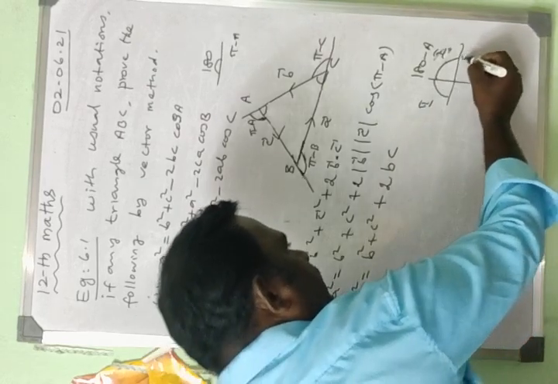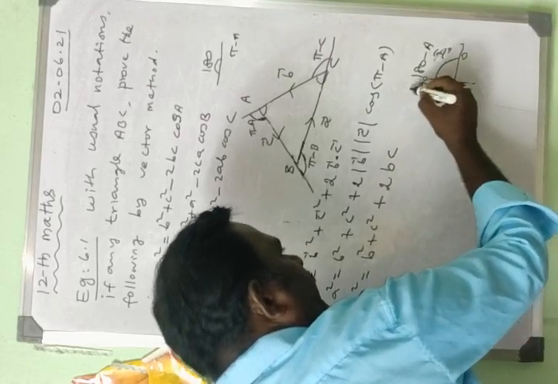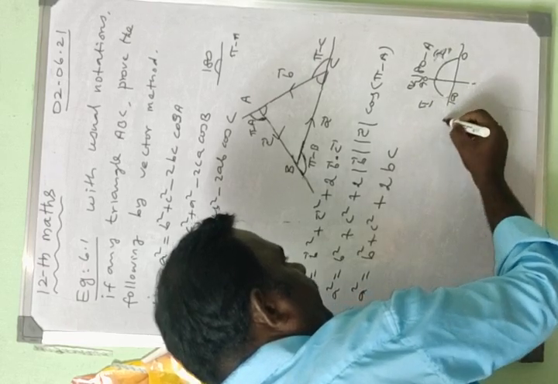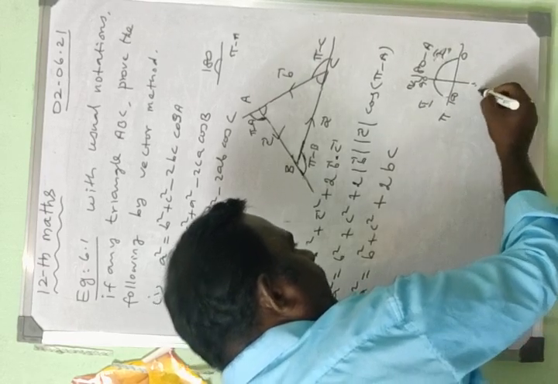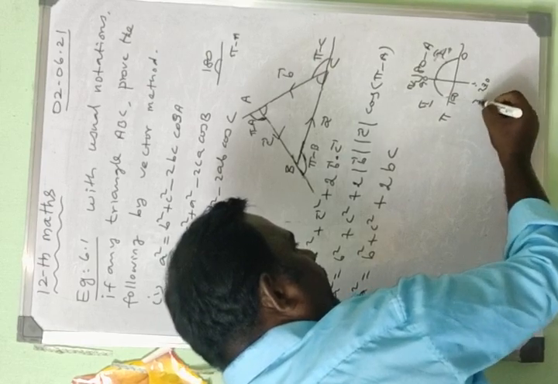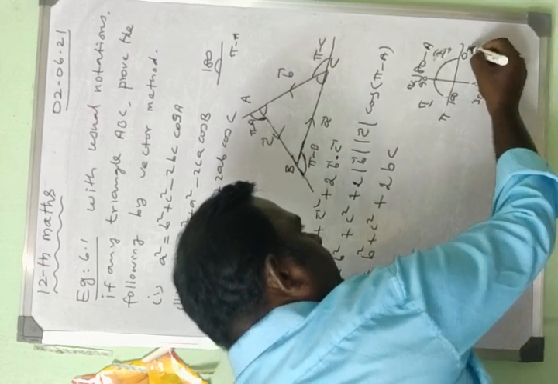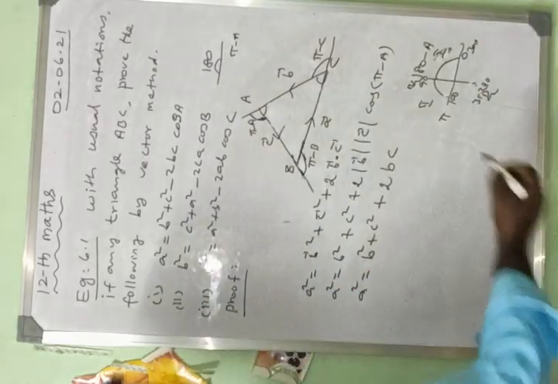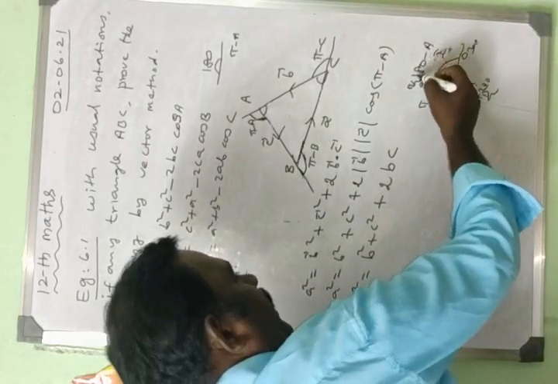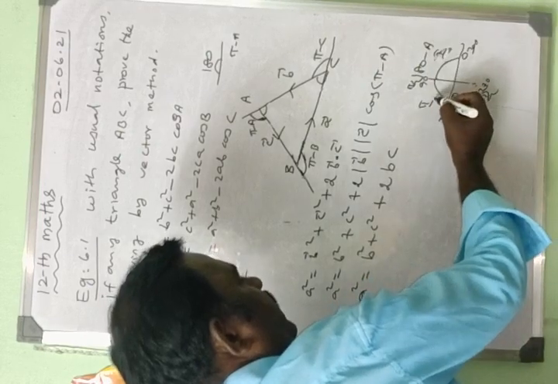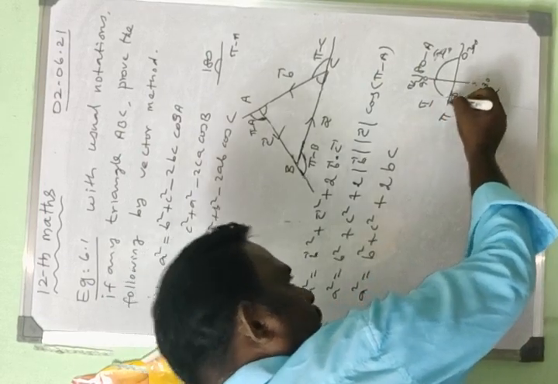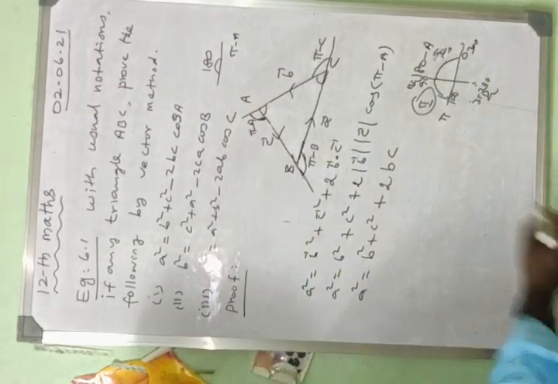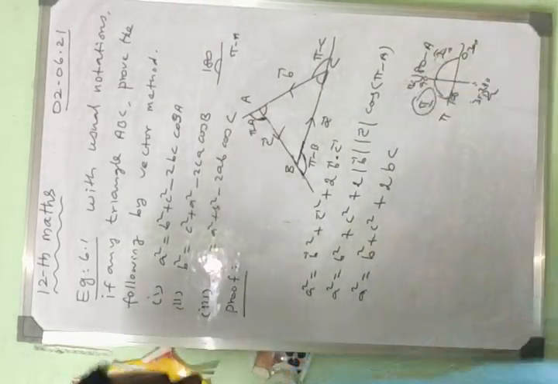Here 180 is pi, here 90 is pi by 2, here 270 is 3 pi by 2, then here 360. So 180 minus A means which quadrant? 180 plus means third quadrant, 180 minus means second quadrant only.